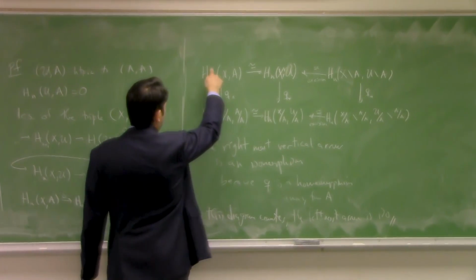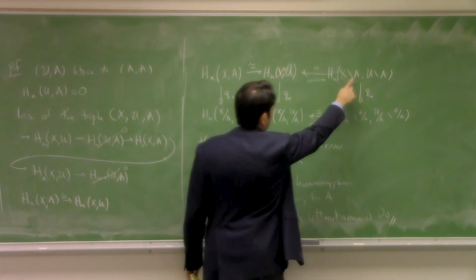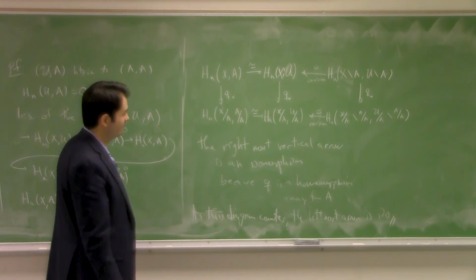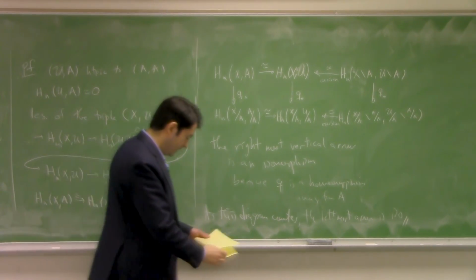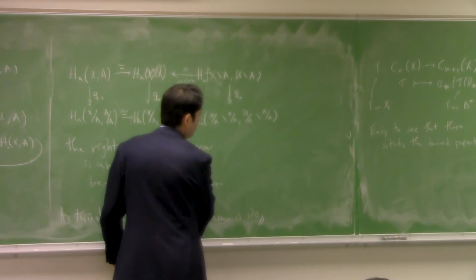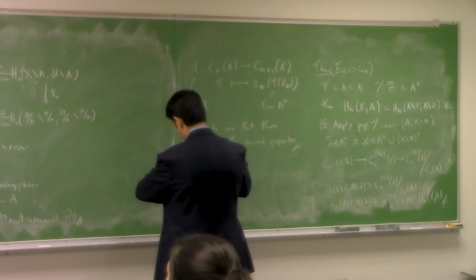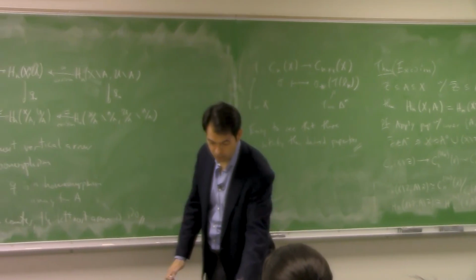If you want to know that this is isomorphic to this, you just go around, and you get an isomorphism. Okay, perfect. So that justifies our computations of the homology of spheres, for example. And we're just out of time, so good place to stop.